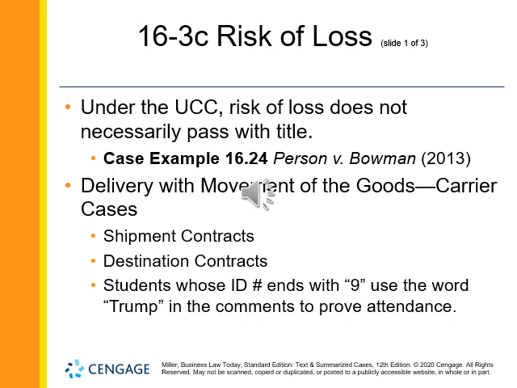Likewise, in the case of a destination contract, where title is not passing to the buyer until the point at which the buyer is receiving the goods at a particular destination, risk of loss, likewise, is not passing to the buyer until the carrier makes the goods available to the buyer at the designated destination.